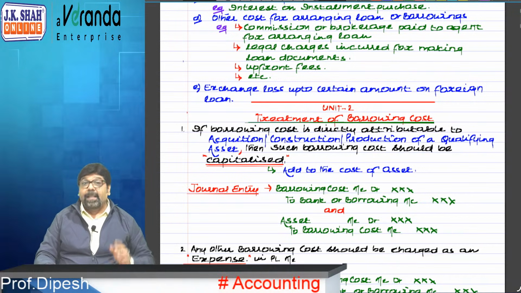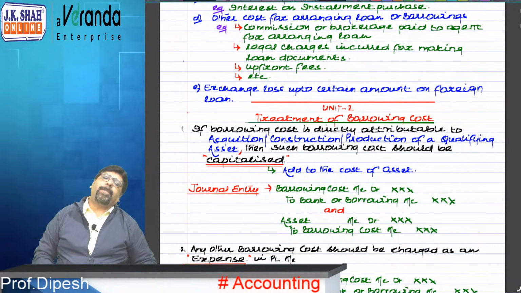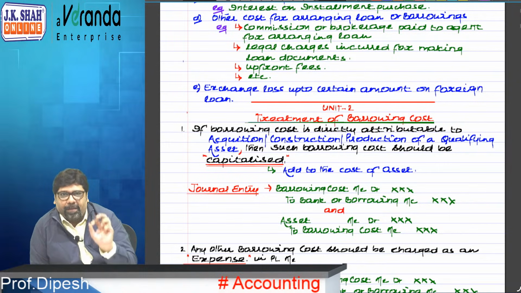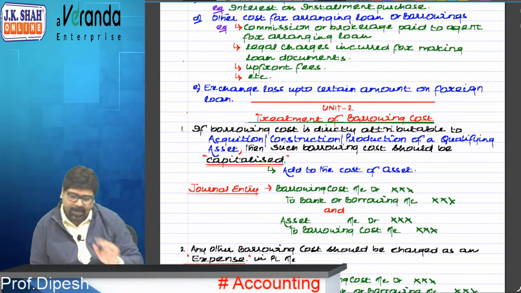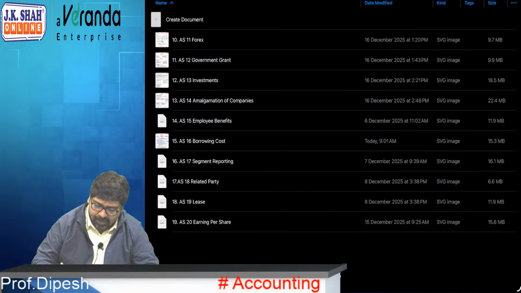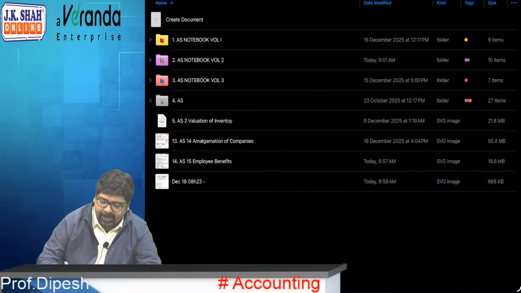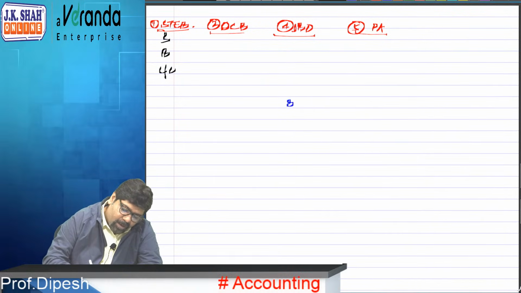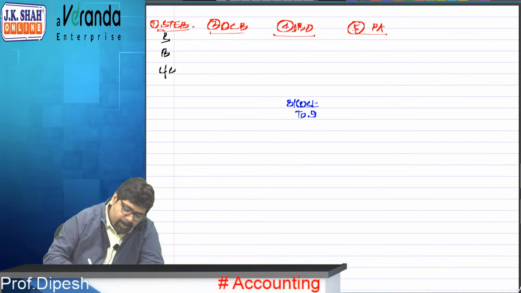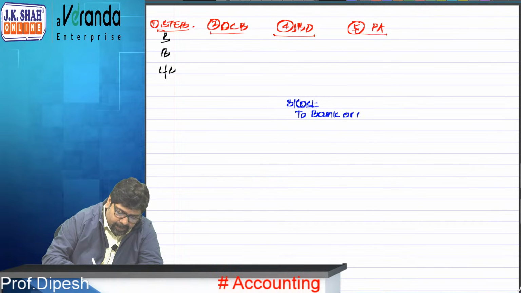Acha. So what is borrowing cost? What is the treatment of borrowing cost? Listen. If borrowing costs are incurred on qualifying asset, then borrowing cost should be capitalized. That means borrowing cost ka journal entry is borrowing cost to bank or outstanding.